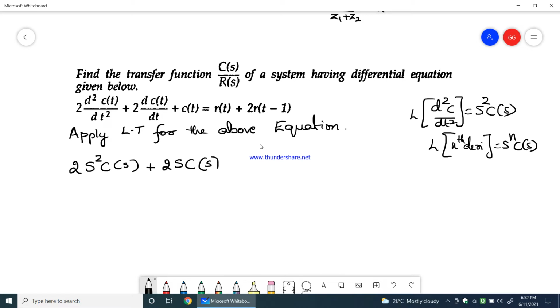We know that the single derivative is s into C of s, plus C of s equals R of s.